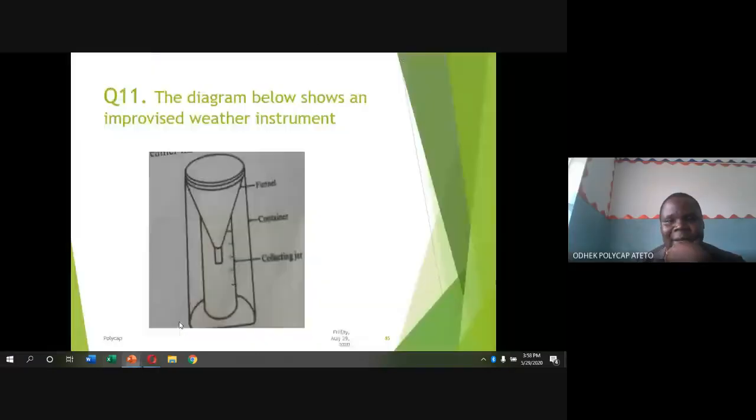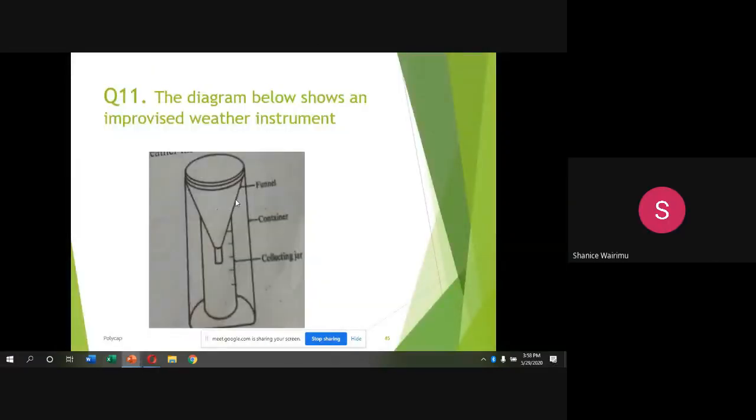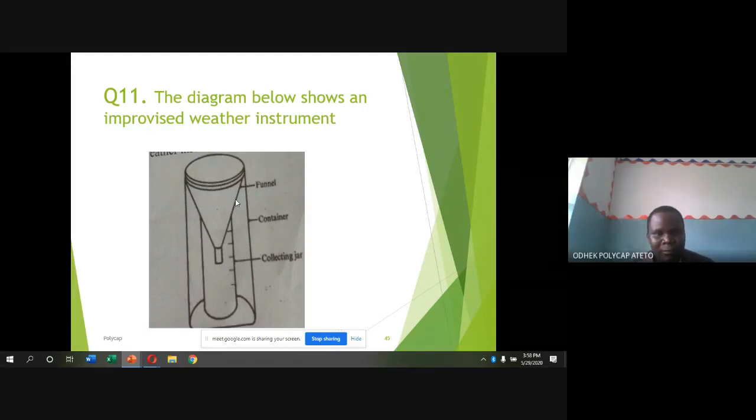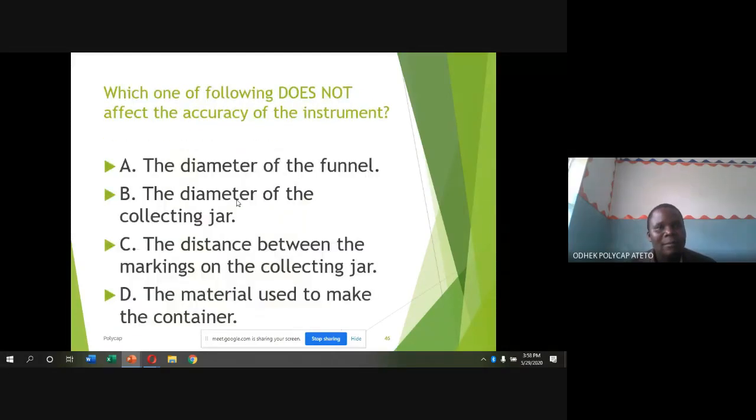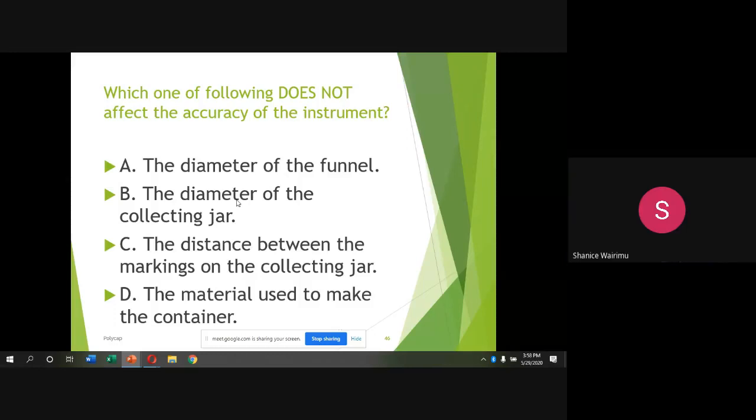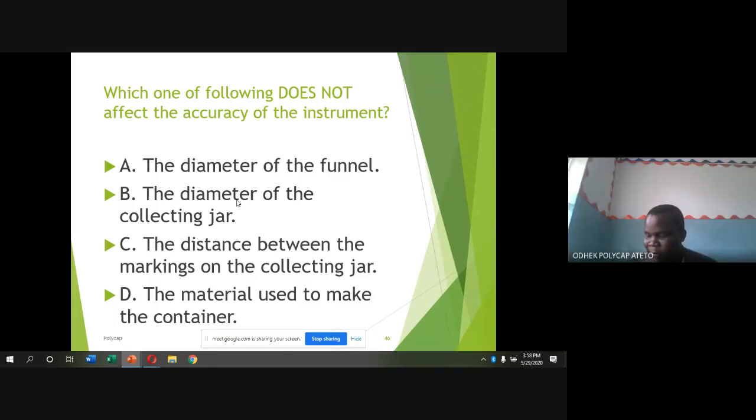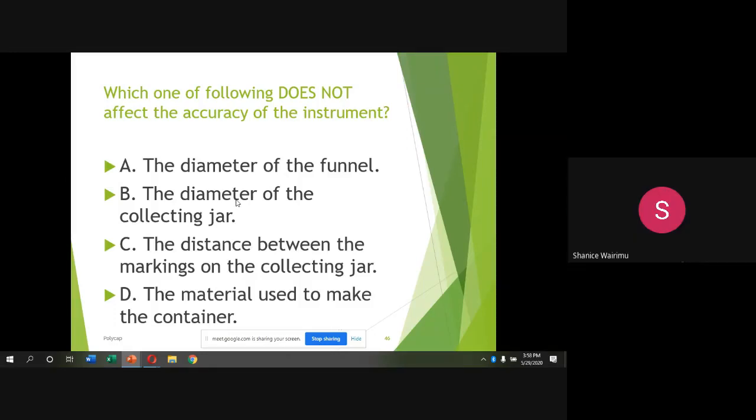Shanice, number 11. The diagram below shows an improvised weather instrument. Continue. Which one of the following does not affect the accuracy of the instrument?